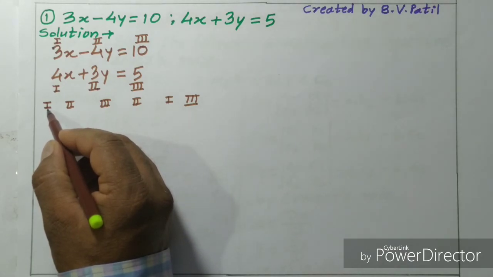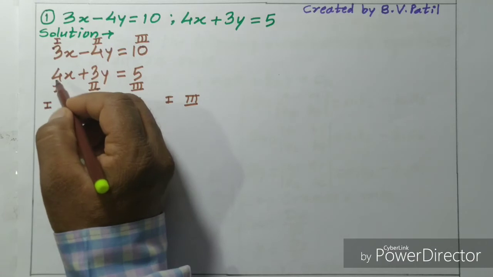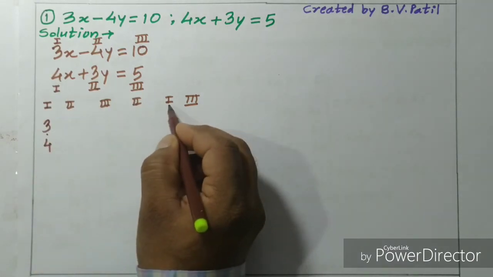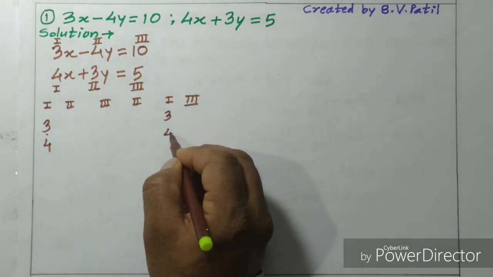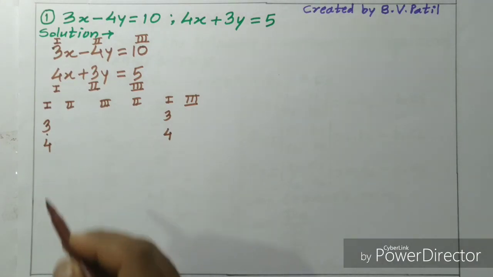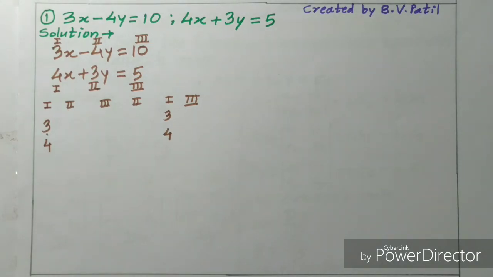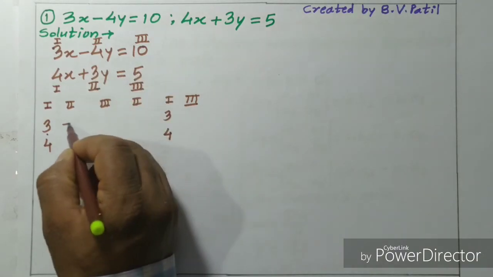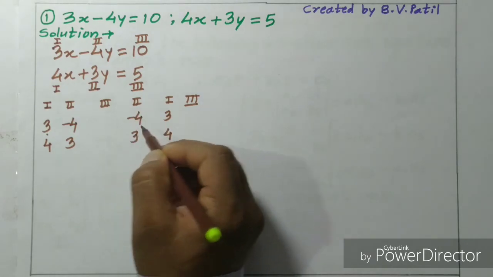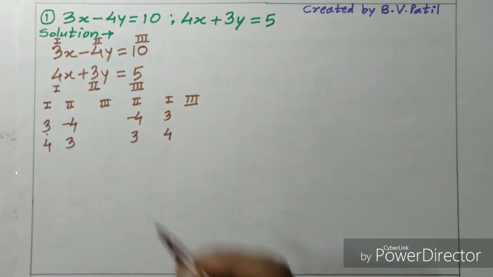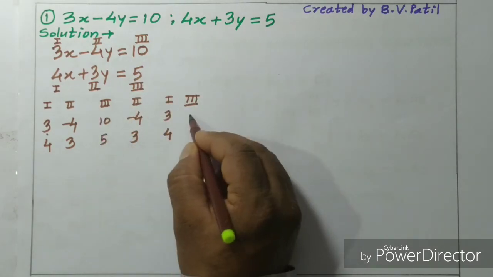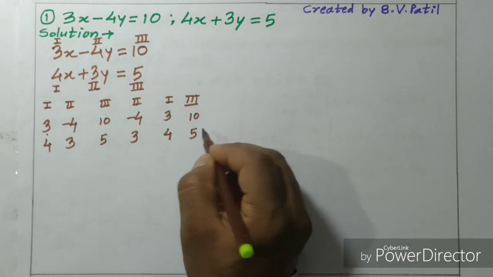Which are the coefficients of x? 3 and 4 are the coefficients of x. Second means the coefficients of y. Which are the coefficients of y? Minus 4, 3. We write here minus 4, 3. Which are the constants? 10 and 5 are the constants. 10, 5.